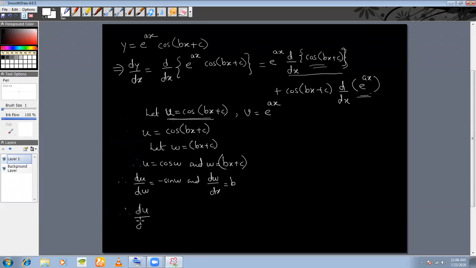So du dx will be the product of these two, right? du dw into dw dx, which is equal to minus b sin w. Now put back the value. Minus b sin of bx plus c. So we have got du dx.